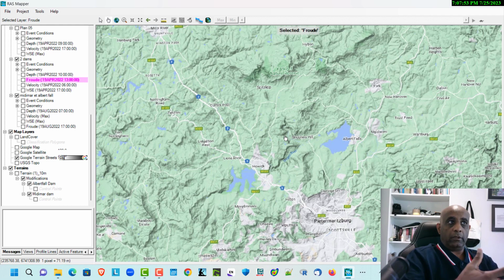The land will be saturated, and then the effective rain will become high, increase, and then flooding comes.